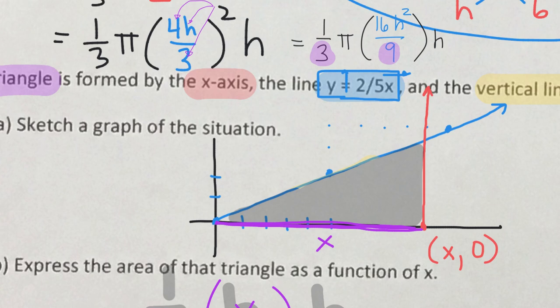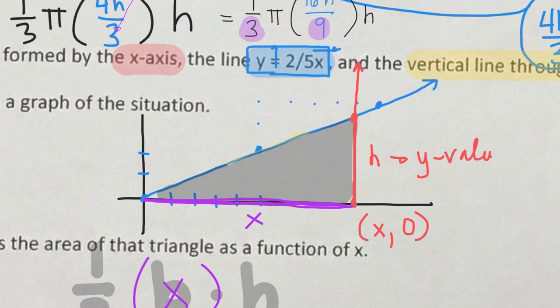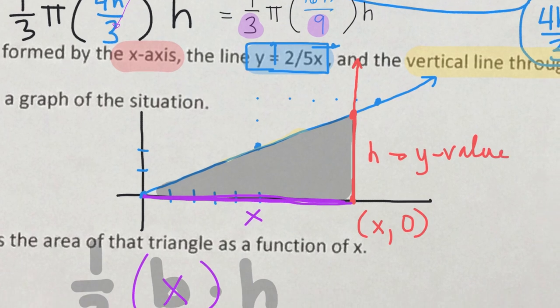And what about the height for your triangle? Well, that's the red letter, right, from here to here. And what is this length? This is your y value, right? Anytime we have a vertical length, we're looking at a y value. And how do we calculate all of the y values for this graph?